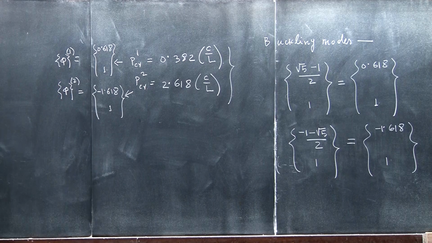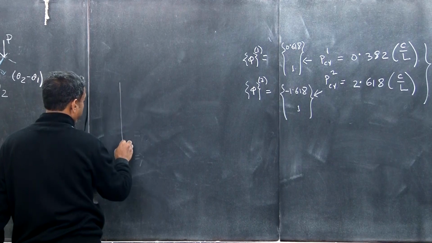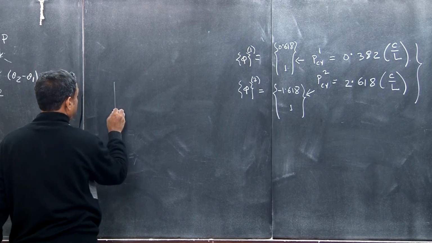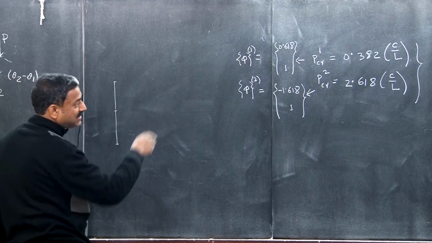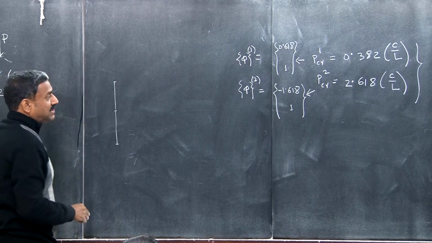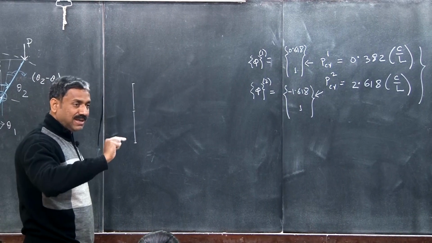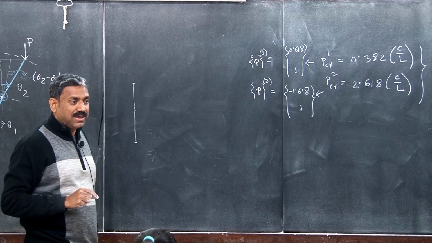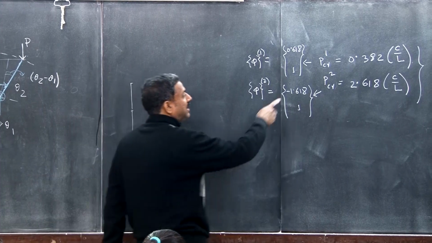Now, what do these represent? This was the state configuration, right? First is the alternate configuration. So, the eigenbuckling mode represents the relative deformation of the 2 degrees of freedom when they attain this critical load, okay.